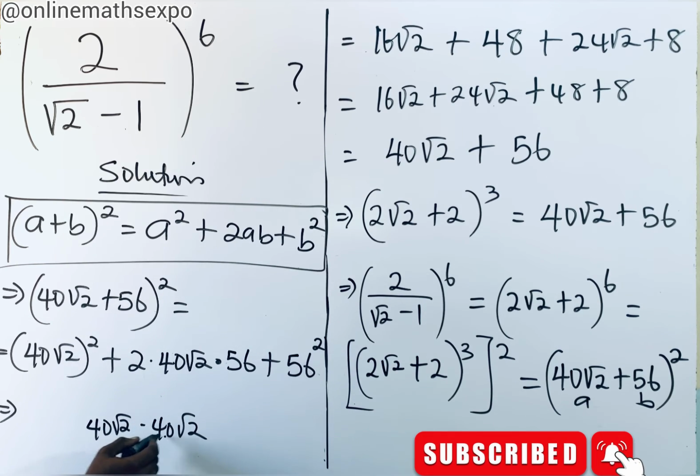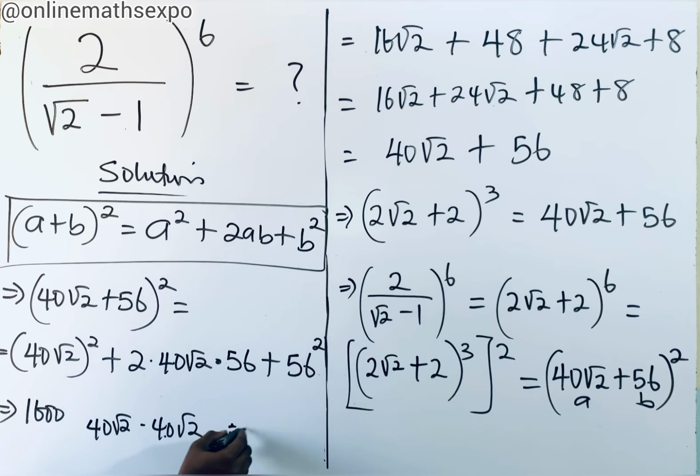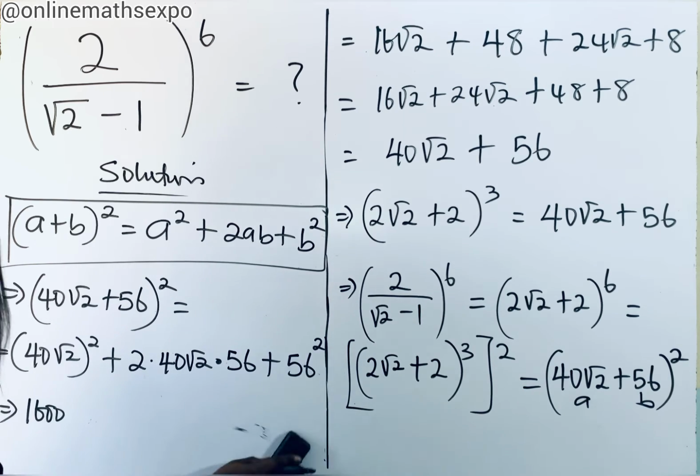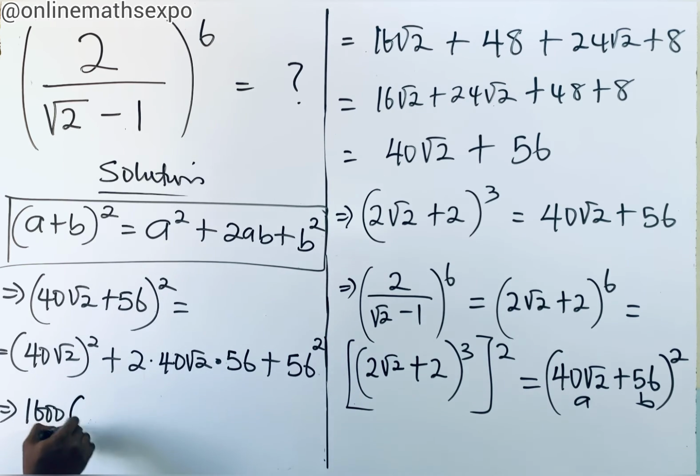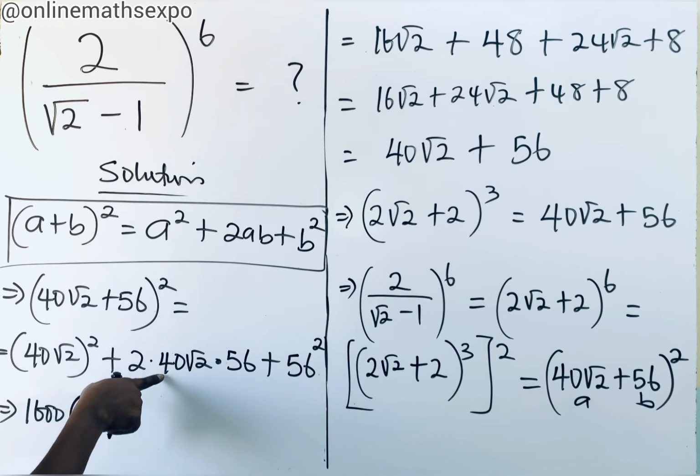So 40 multiplied by 40 gives us 1,600. And when you multiply root 2 by root 2, like we've said, it will give us 2. So this will give us 1,600 multiplied by 2. Then you multiply this: 2 times 4 will give us 8.